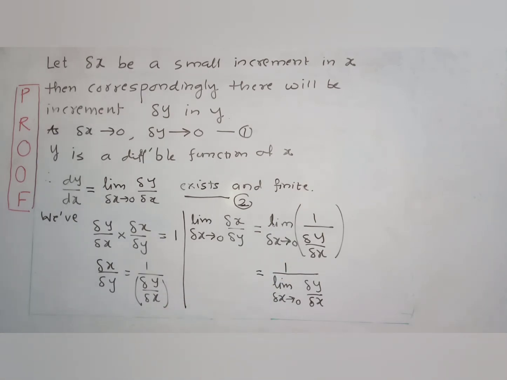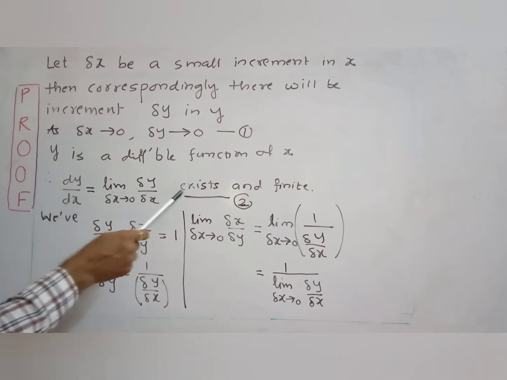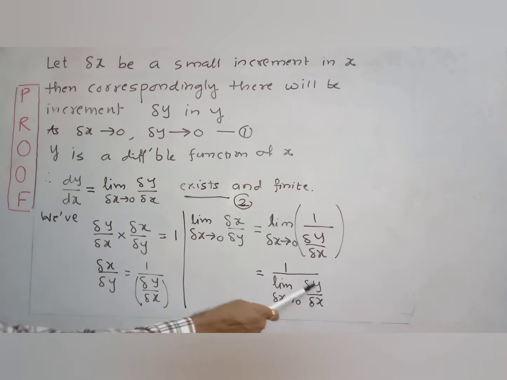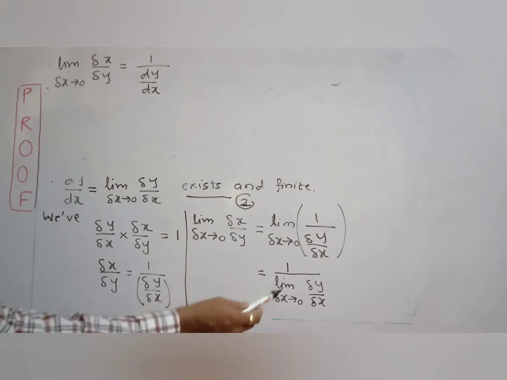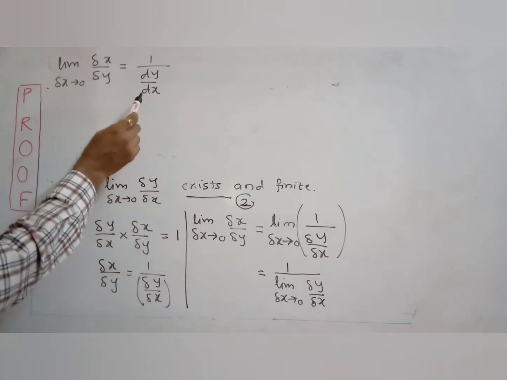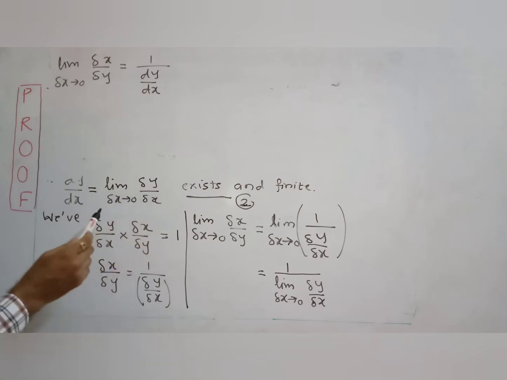Now we shall use statement number 2. What is written there? Limit delta y by delta x as delta x tending to 0 is dy by dx, and that exists. We have written in the condition that dy by dx is not equal to 0. So this limit delta y by delta x as delta x tends to 0 is dy by dx, as written in number 2.